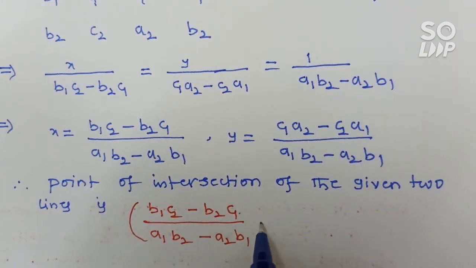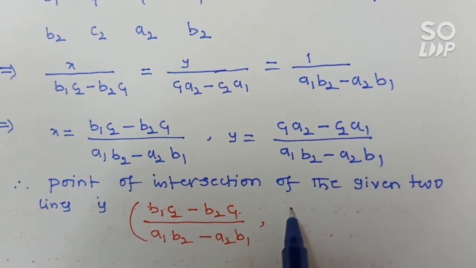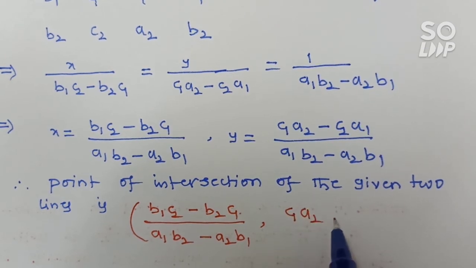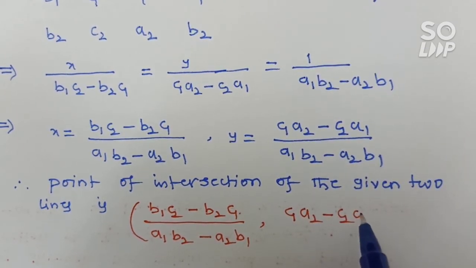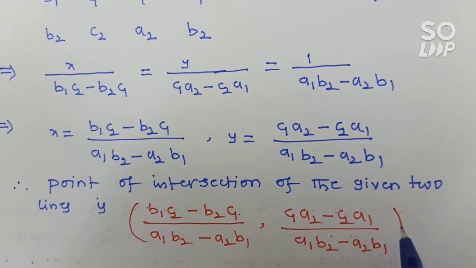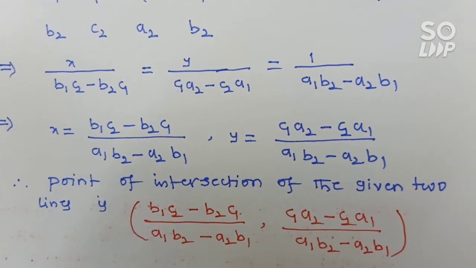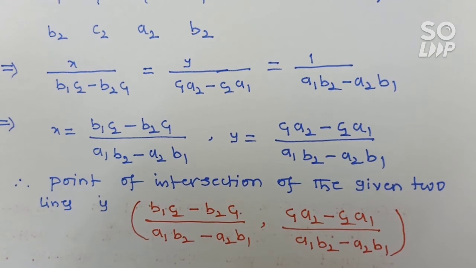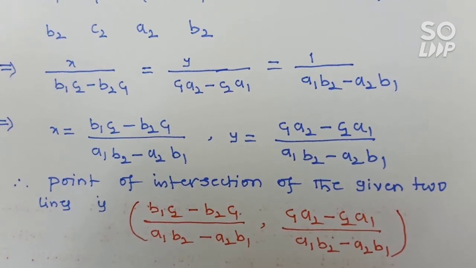This is the x coordinate. The y coordinate is (c1 into a2 minus c2 into a1) by (a1 into b2 minus a2 into b1). So this is the procedure to find the point of intersection of any two lines.